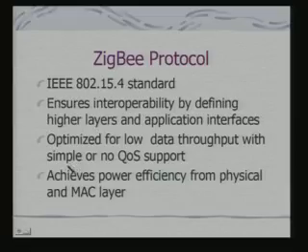It is optimized for low data throughput with simple or no QoS support, and achieves power efficiency from the physical and MAC layers. In sensor MAC, I have talked about power efficiency primarily from the MAC layer point of view, but from the physical layer point of view also, how you specify your communication pattern, that is your usage of the physical layer, can also lead to energy saving.